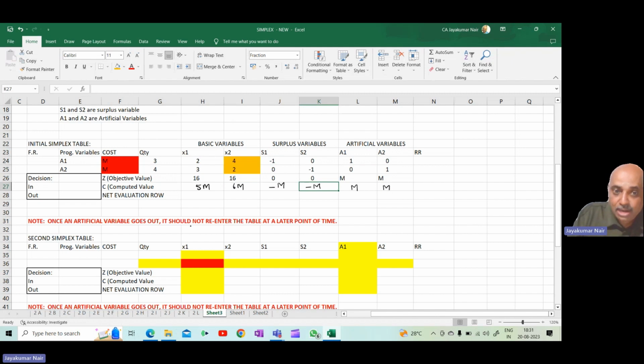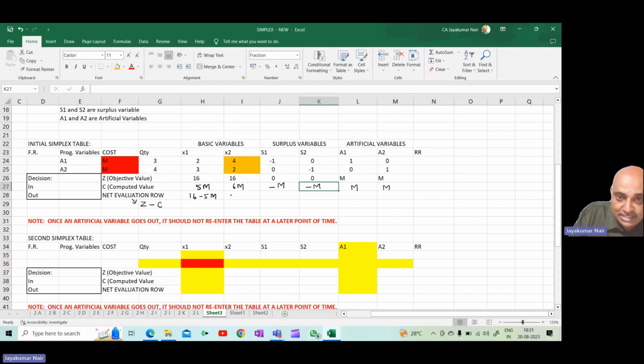Now, what is the net evaluation row? We know that the net evaluation row is Z minus C. Now, what is Z? Z is 16. 16 minus 5M. So I'll write here 16 minus 5M.